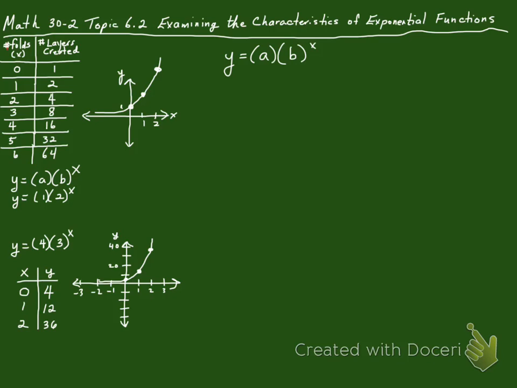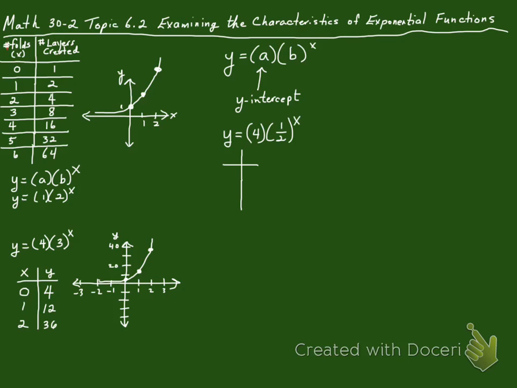Well, if we take our standard graph of y equals a times b to the power of x, what we've noticed so far is that a is our y-intercept. What's b? Well, we'll come back to that later. But let's keep going and do a couple more examples and see if this holds up.